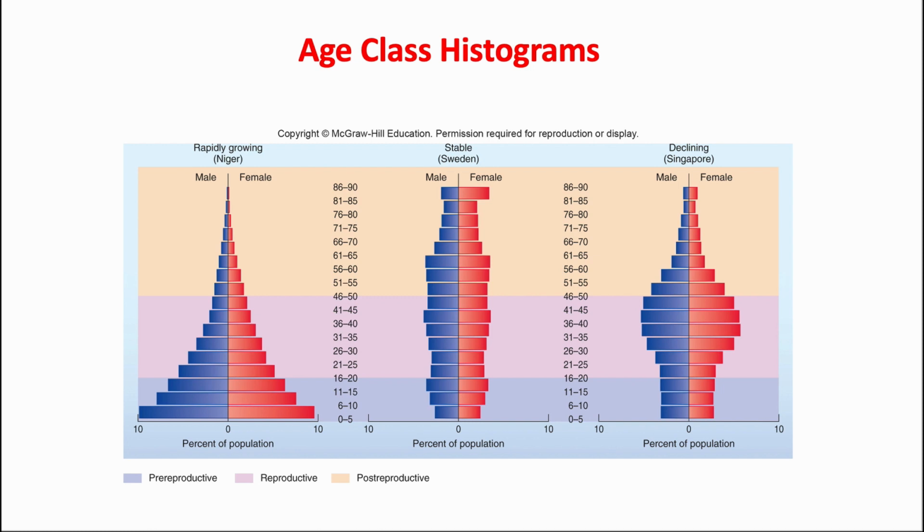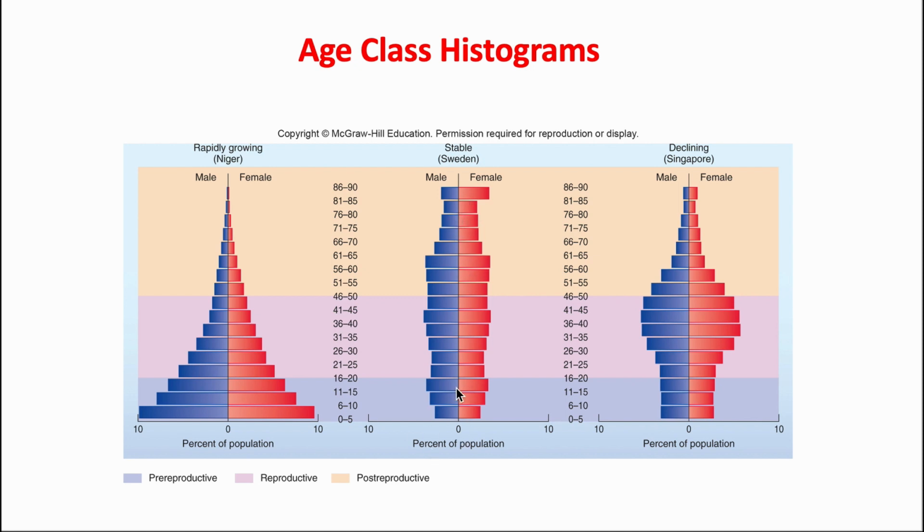The most important thing when you're looking at an age class histogram is the early age groups. So the purple region of these figures, from 20 years all the way to newborns, this is what you're really looking at.